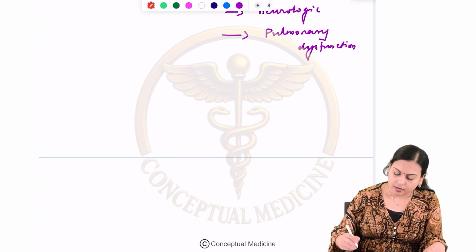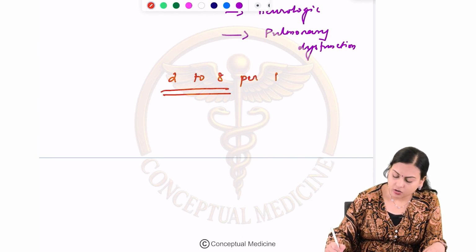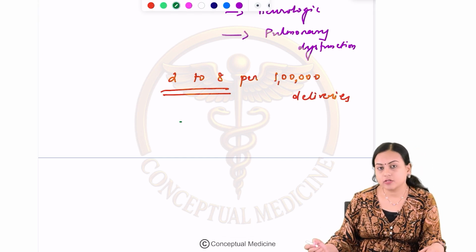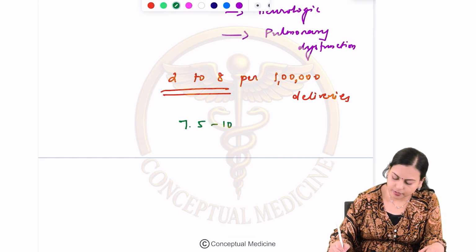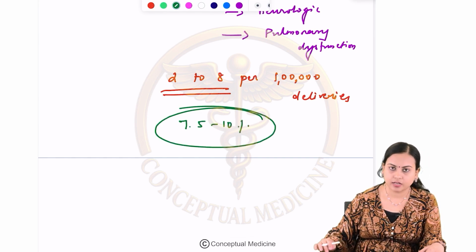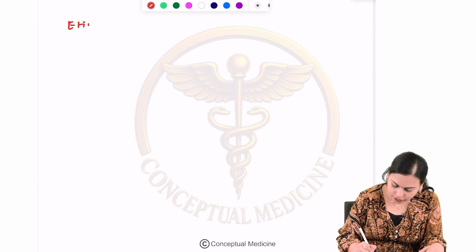Amniotic fluid embolism occurs in 2 to 8 per 1 lakh deliveries, and it is also the cause of maternal mortality for 7.5 to 10% of the maternal deaths. Clear? Right. Now, we will see the etiology.